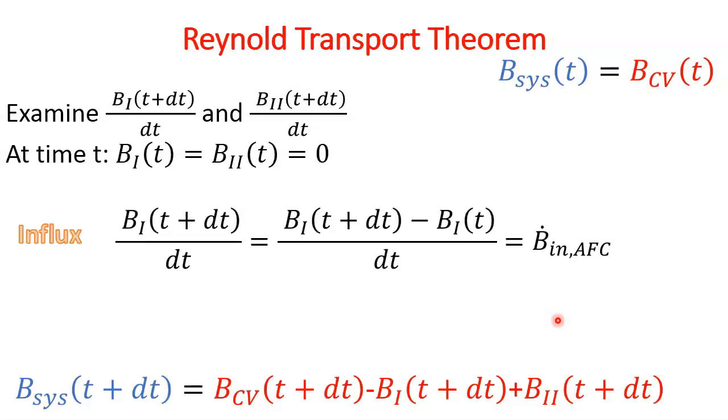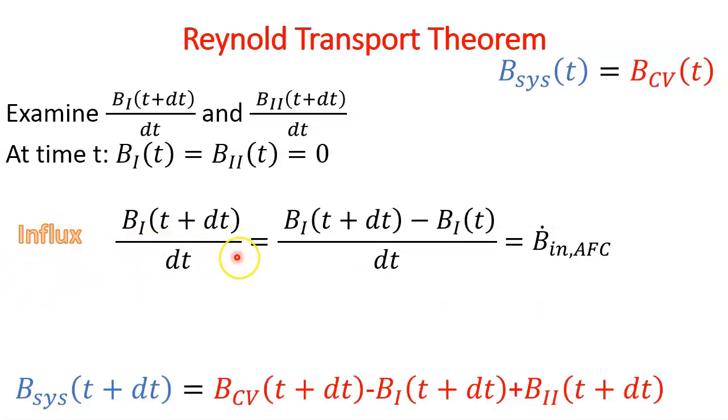Now the influx, B1 upon dt, we can call the rate of change of the extensive parameter in the region 1 as time flows, and as we have seen in the earlier diagram, that is influx.